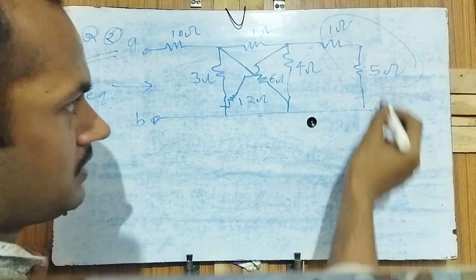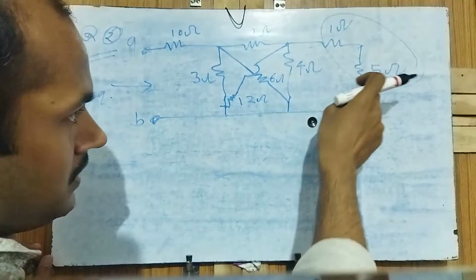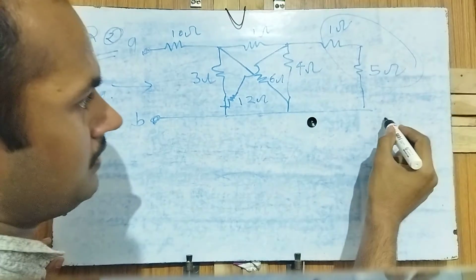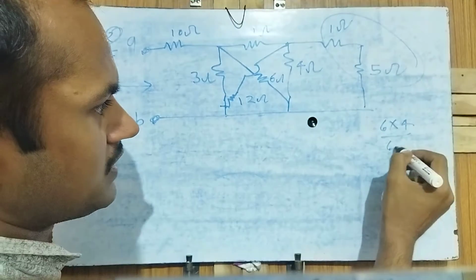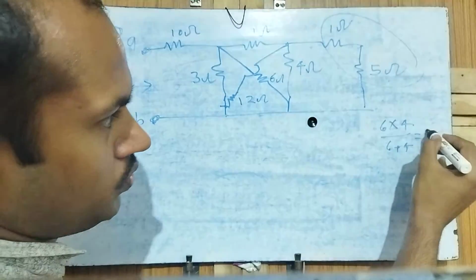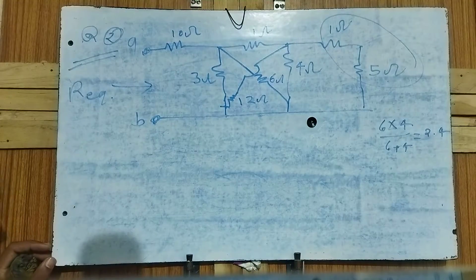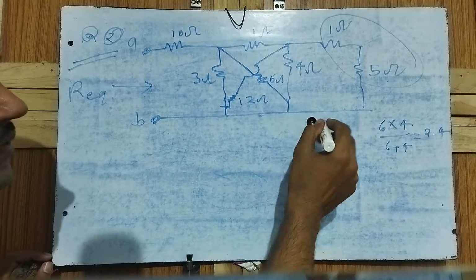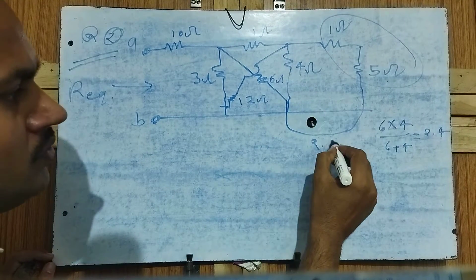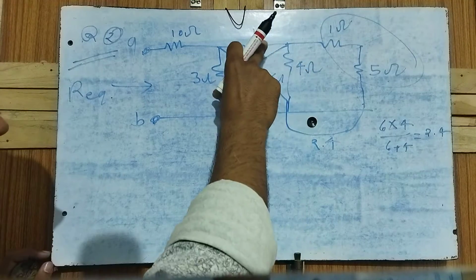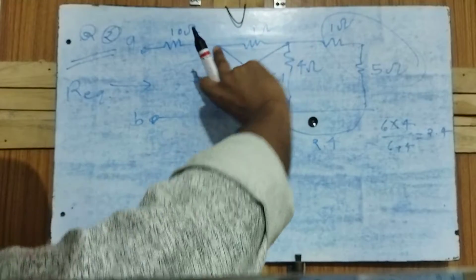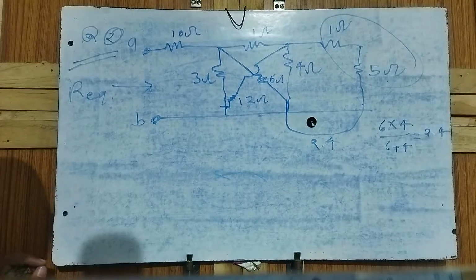5 and 1 are in series, that is 6. 6 and 4 are in parallel: 6 into 4 divided by 6 plus 4 is 2.4. So it is solved as 2.4 till here. Now it is parallel to 12 ohm, and this is parallel to 3 and 6 ohm. This is short.